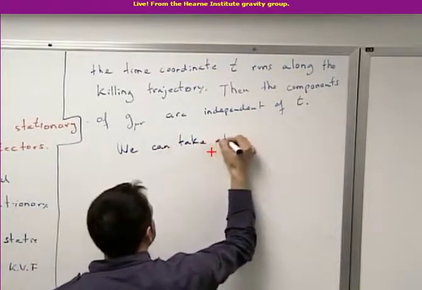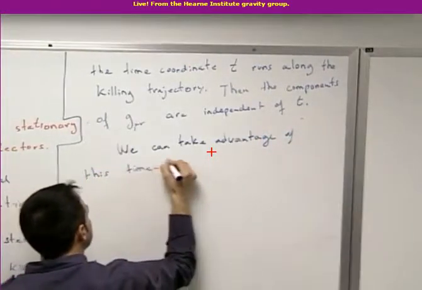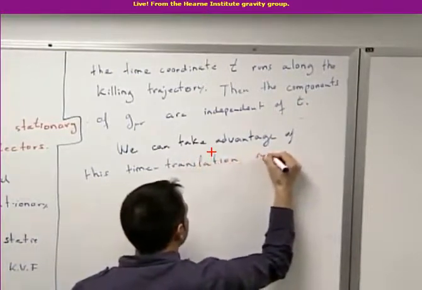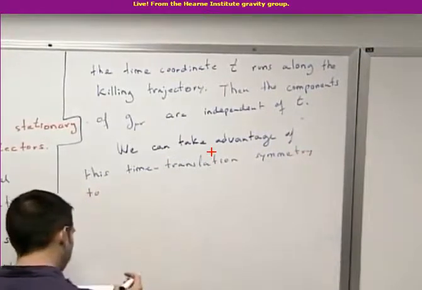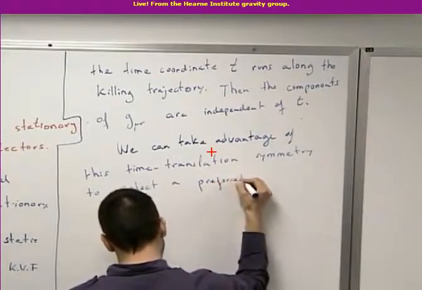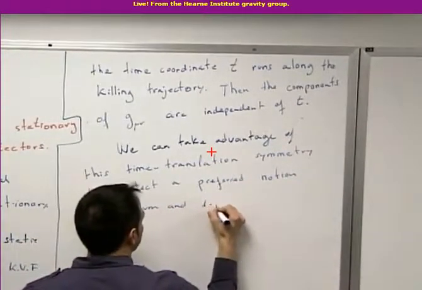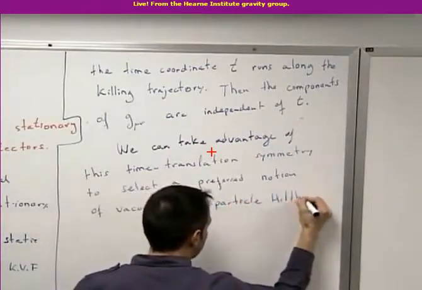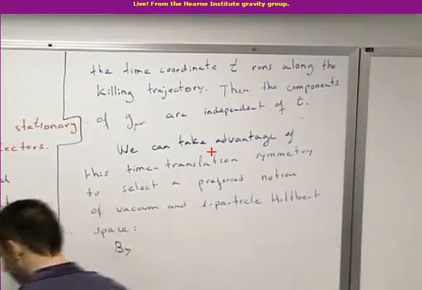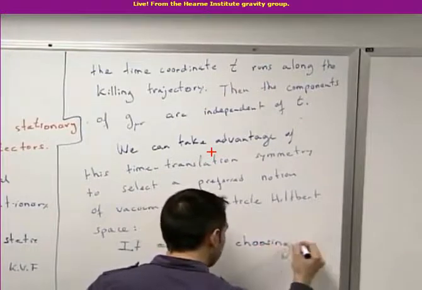We can take advantage of this time translation symmetry to select a preferred notion of vacuum and one particle Hilbert space. It arises by choosing S plus.